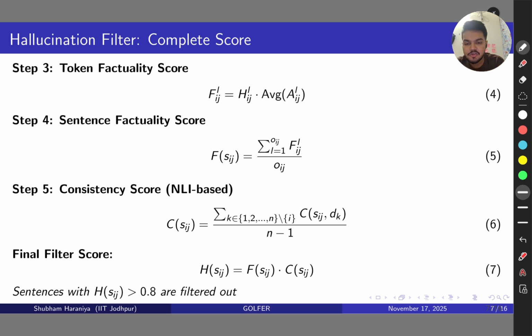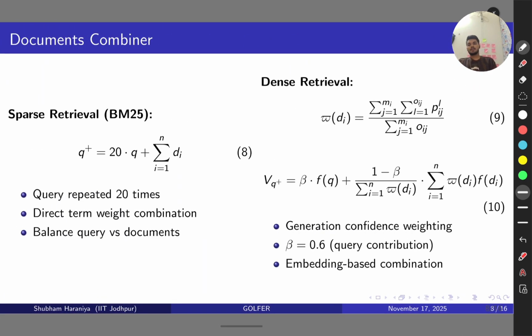And the final filter score is HS_ij equals FS_ij times CS_ij, which means sentence factuality score times the consistency score. If the filter score is greater than 0.8, we filter out that particular statement. If it is less than 0.8, we keep that sentence.